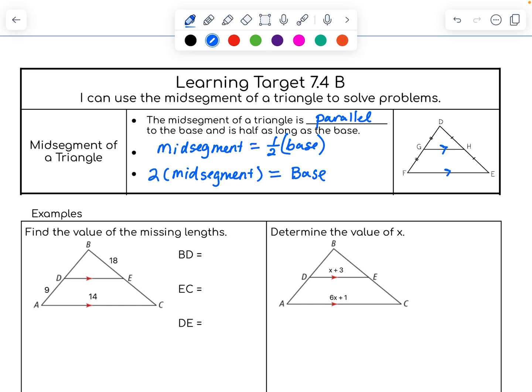So as we get going here, some other things to be aware of. Since these are parallel, this angle and this angle are the same and are equal. And then this angle and this angle are the same because these are similar triangles.